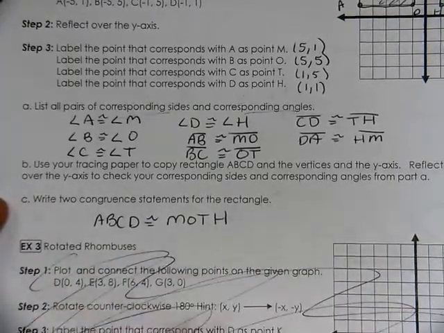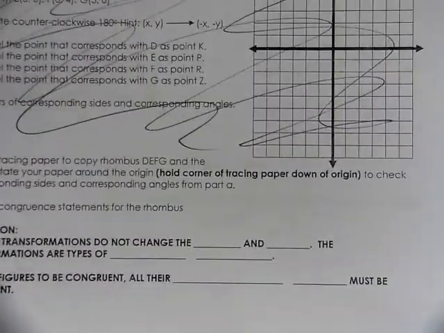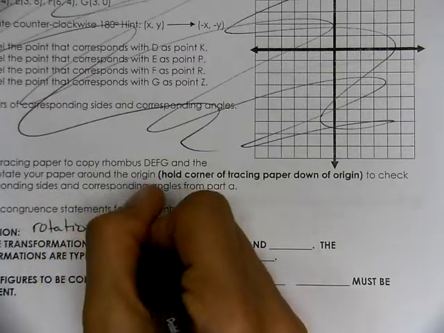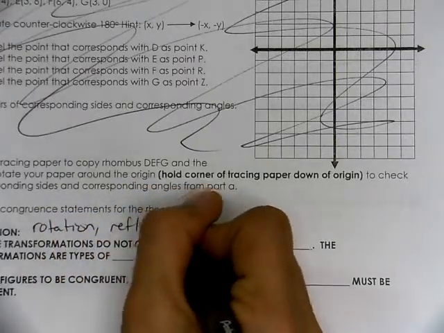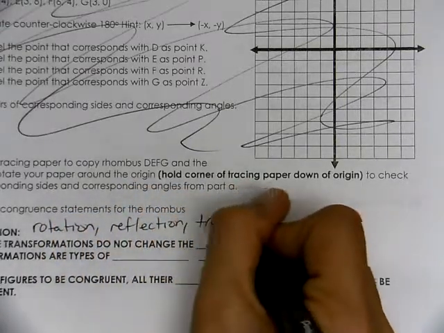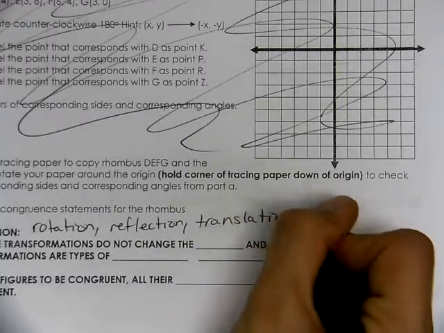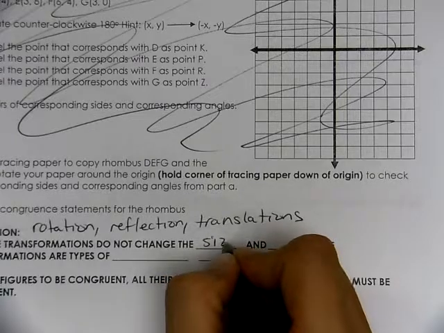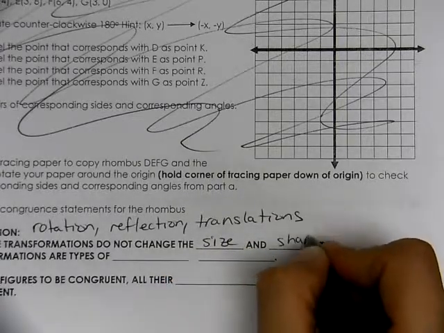Sorry, that's the 2-minute bell. So this is what you just need to remember. All 3 transformations that we learned in Chapter 2, rotations, reflections, translations, those were all rigid transformations. They do not change the size and shape.